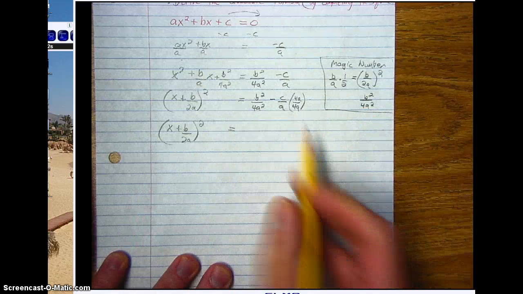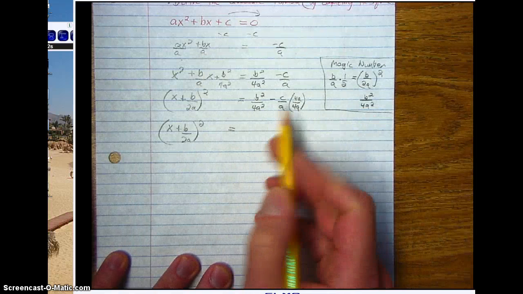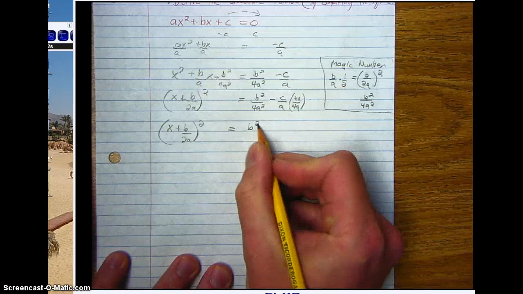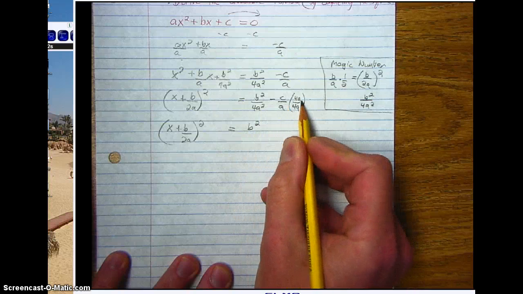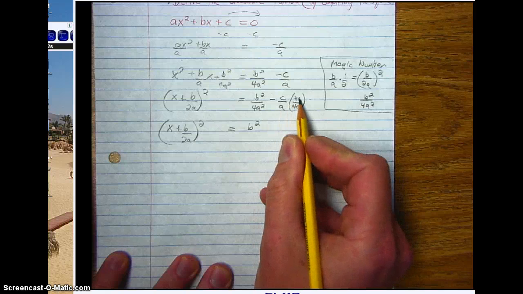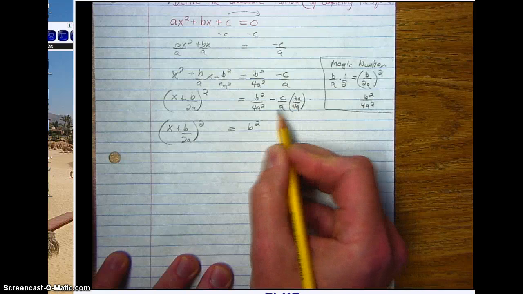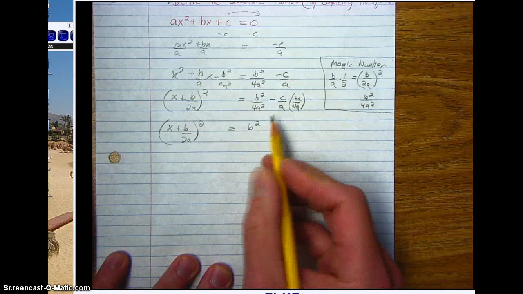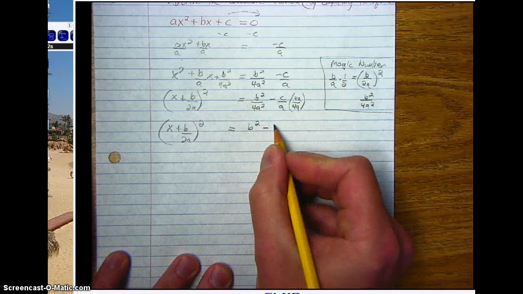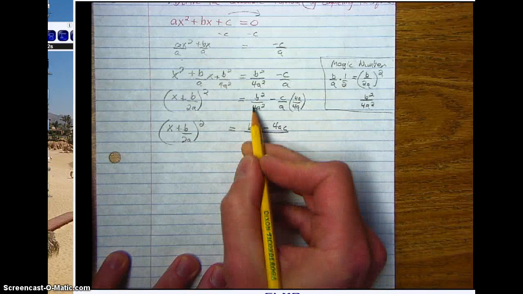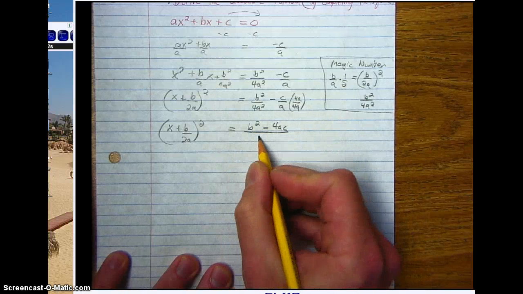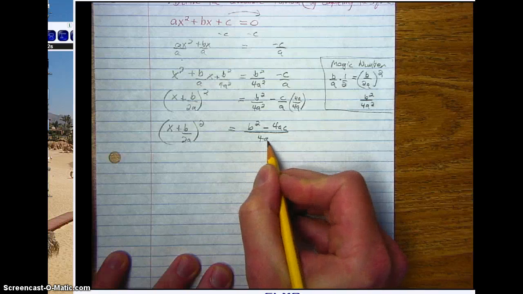So we're just going to multiply this fraction to get them to be the same. So b squared stays b squared. Now if I multiply 4a times c, it's 4 times a times c, and it's going to be over the same denominator. So really what I have is b squared minus 4ac, and both of them have the same denominator, so I'm going to just go ahead and put it over 4a squared.